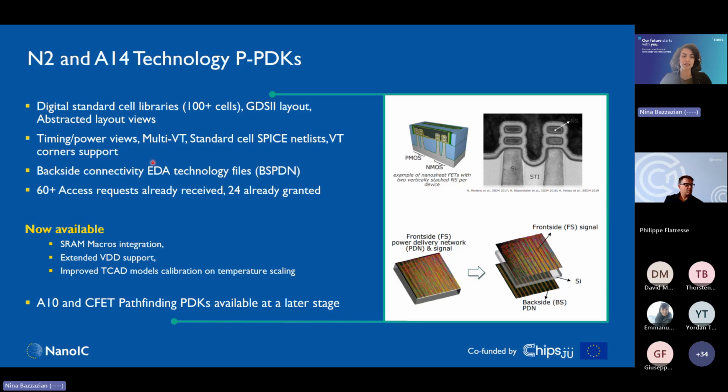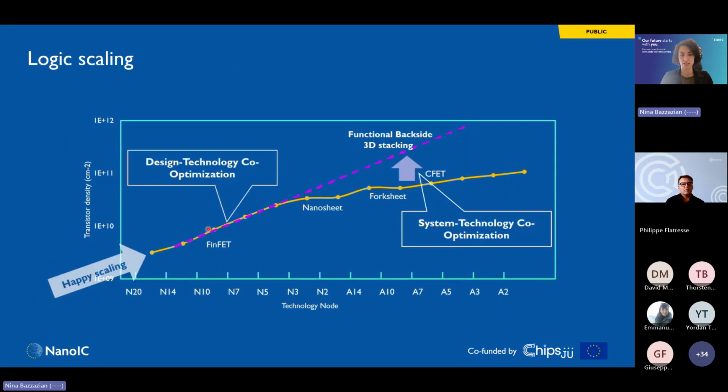So taking that into consideration as well, backside power delivery network is also directly integrated into the PDK. And as you can see here, the A10 and CFET complementary FET pathfinding PDKs are going to be available at a later stage.